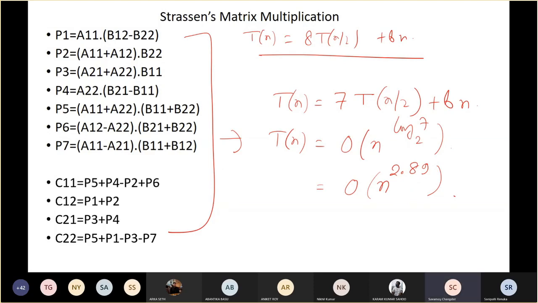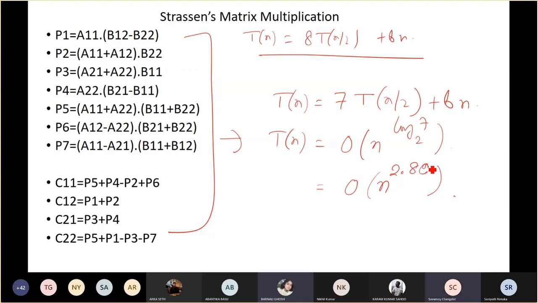Can you tell me what is the value of log 7 base 2? Anyone? Yes, 2.80, right.